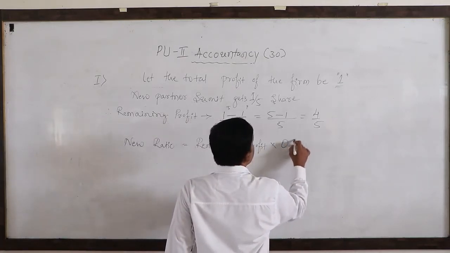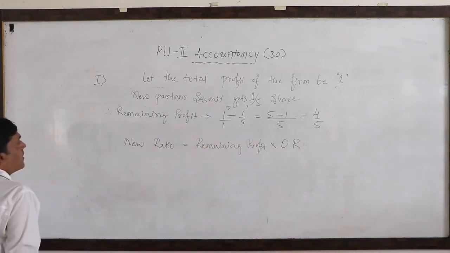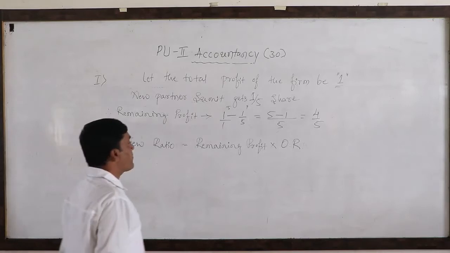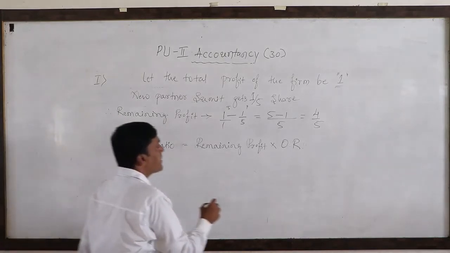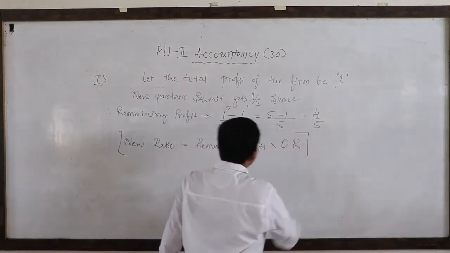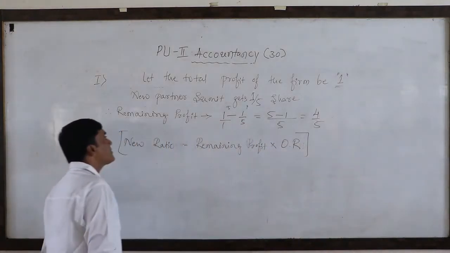Sometimes there will be an agreement between the old partners to share the remaining profit. In this problem, nothing is mentioned regarding that ratio. That is the reason we are distributing this remaining profit in the old ratio only.